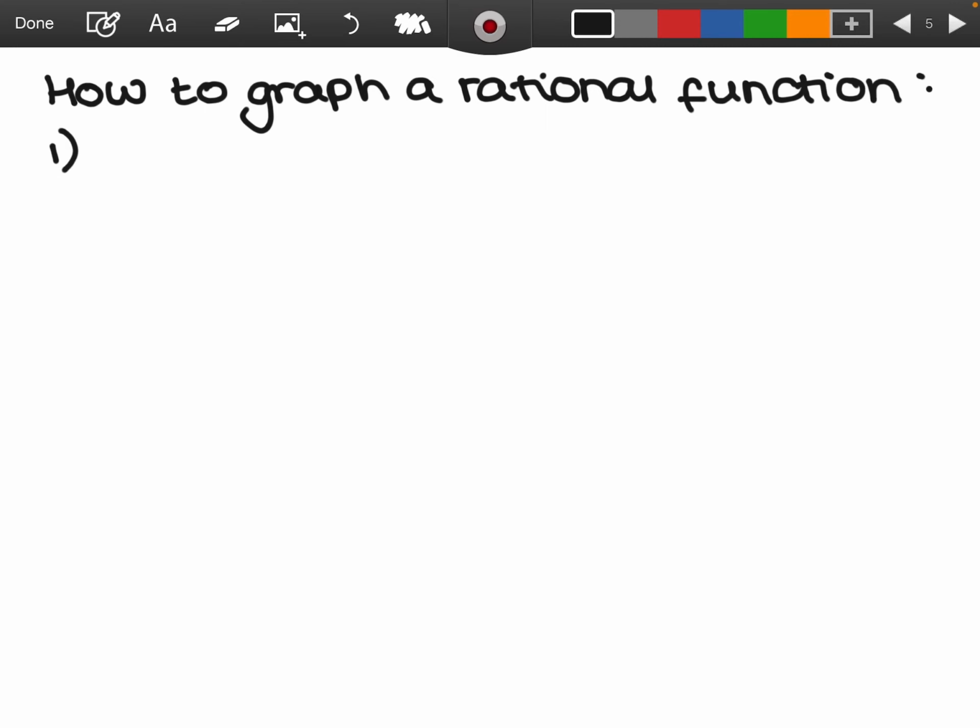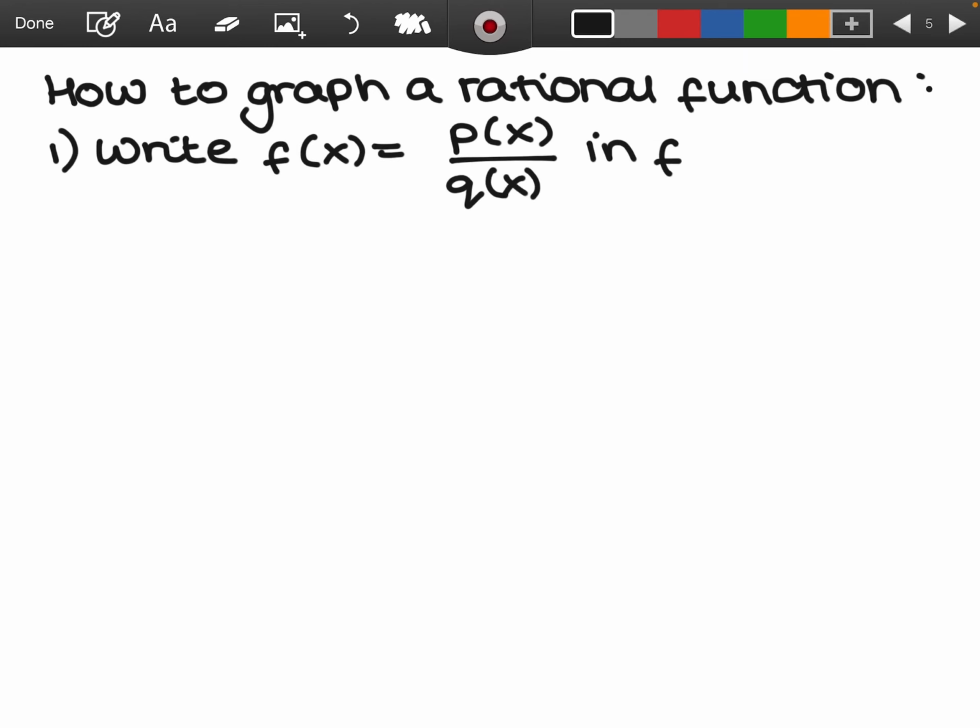Okay. Step 1 is to factor your numerator and denominator. So you're going to write f of x is equal to p of x over q of x in factored form.